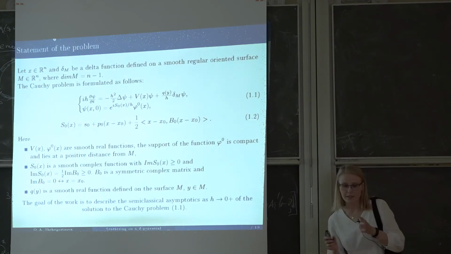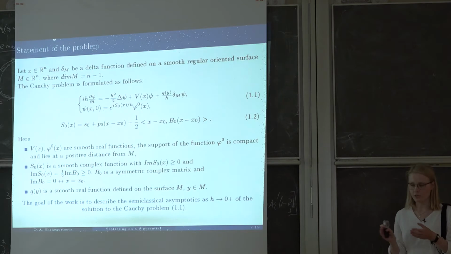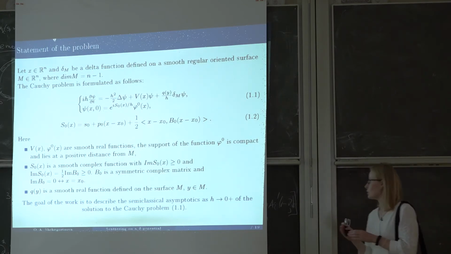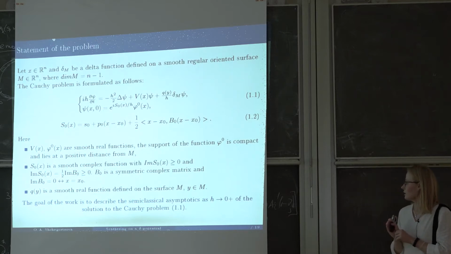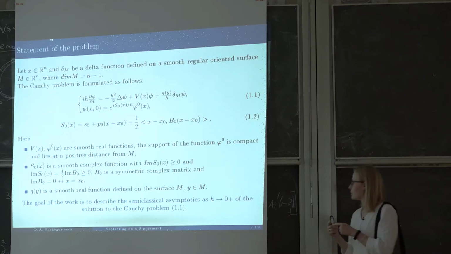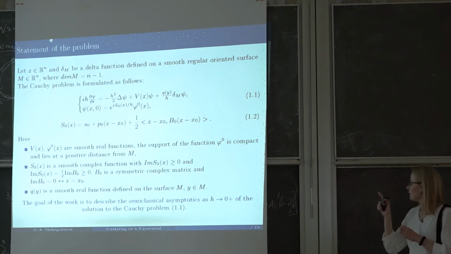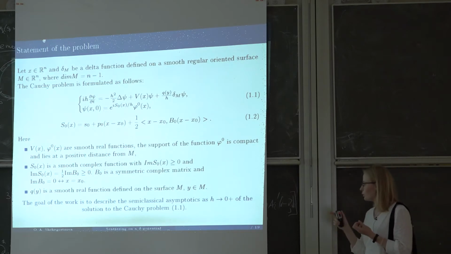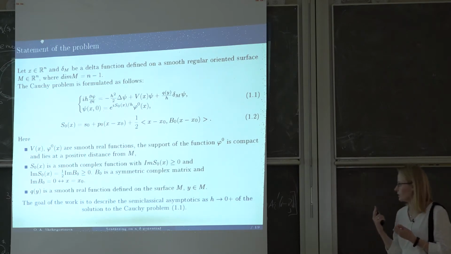We study Gaussian beam scattering on a delta potential. The delta potential is localized on the surface of codimension 1, and the initial data are represented in the form of a Gaussian wave beam. It is described by formula 1.2, a quadratic complex function with the imaginary part greater than 0 and equal to 0 only at one point x0.